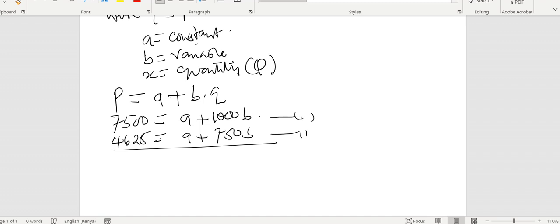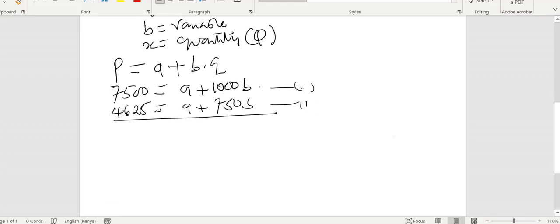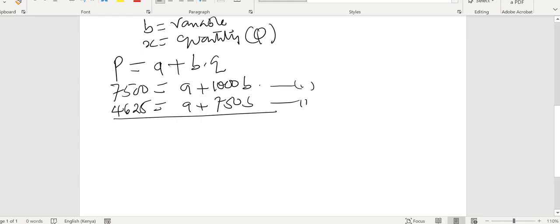So we can subtract. I can see b will be how much here? Remember, a minus a is 0. 1,000 minus 750 gives 250, which equals 7,500 minus 4,625, that is 2,875.